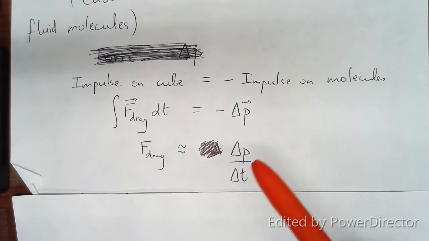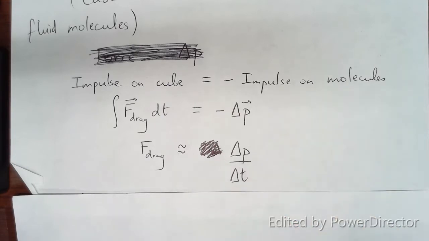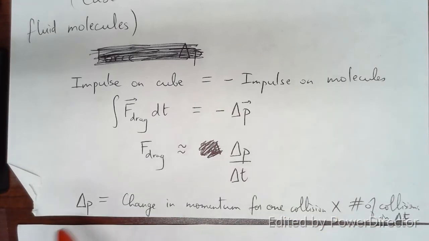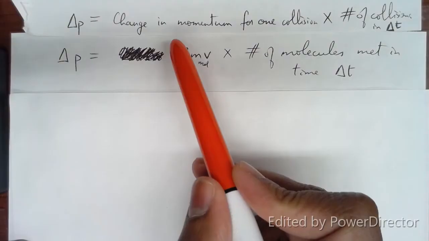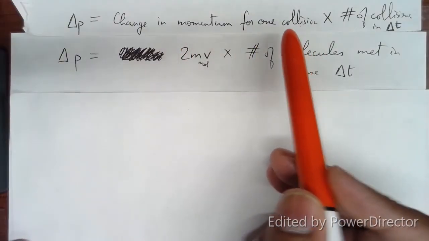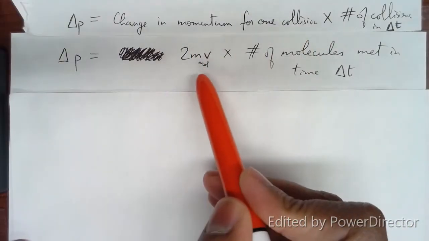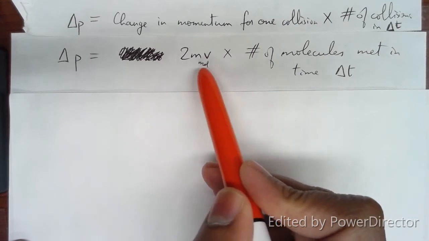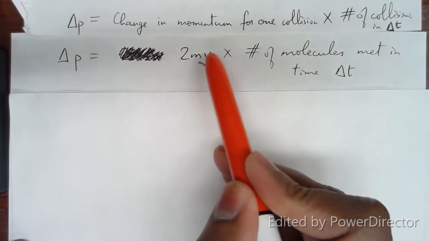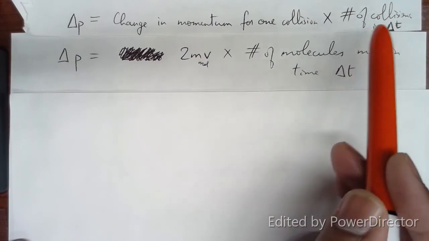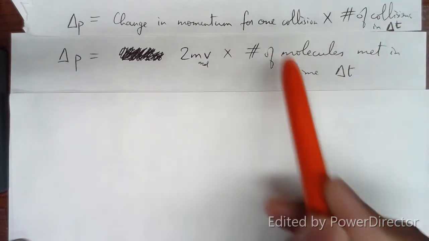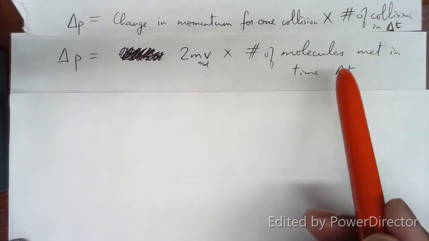However, there's more than one molecule colliding with the cube in a given amount of time. So delta p is the change in momentum for one collision times the number of collisions in a time delta t. The change in momentum of the molecule for one collision has a magnitude 2 times the mass of the molecule times the speed v, and we want to multiply that by the number of molecules met by the cube in a time delta t.